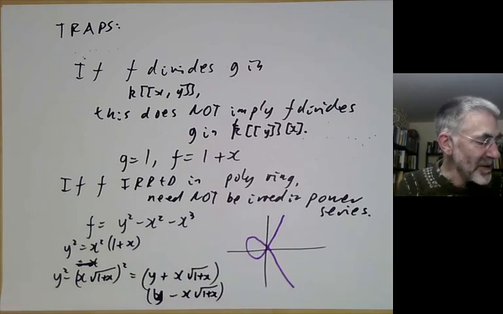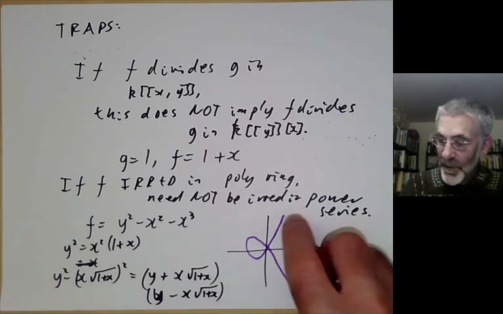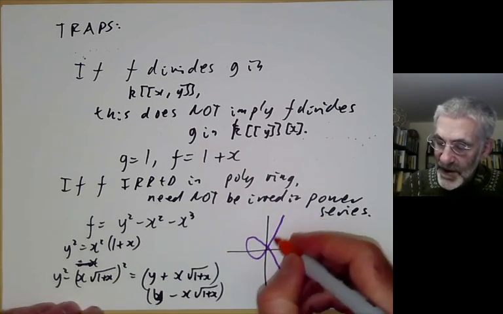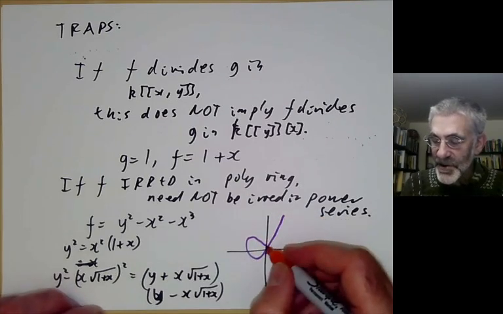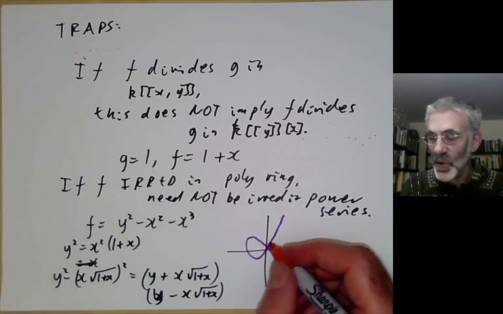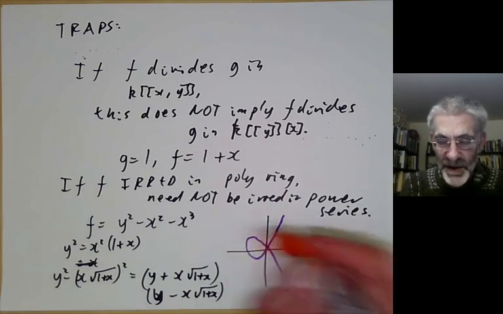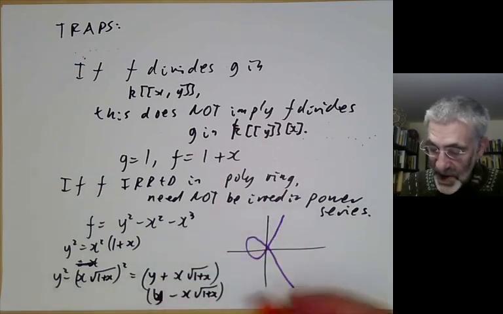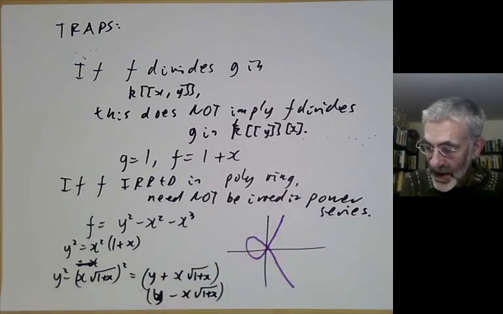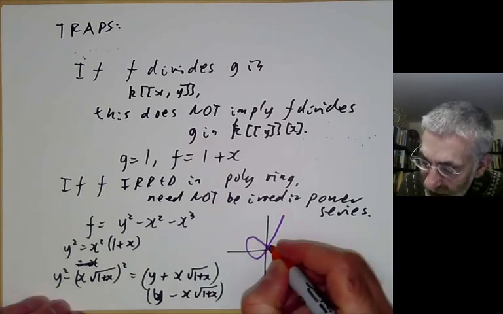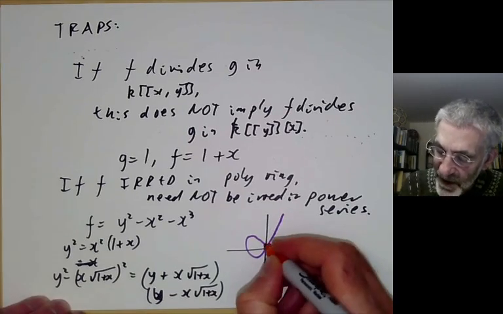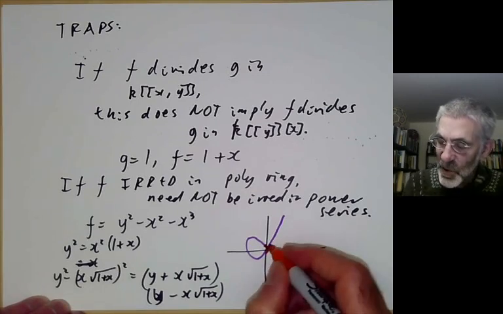So what's going on geometrically is the formal power series ring doesn't see this whole curve because it only converges in an infinitesimally small neighbourhood of 0. I mean, it really only converges at 0, but let's pretend it converges in an infinitesimally small neighbourhood. So you can think of it as seeing an infinitesimally small bit of that curve and an infinitesimally small bit of that curve.